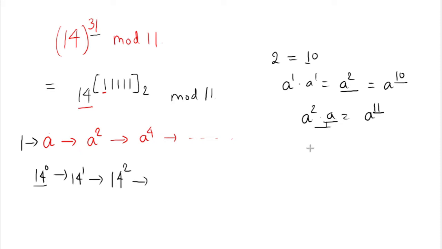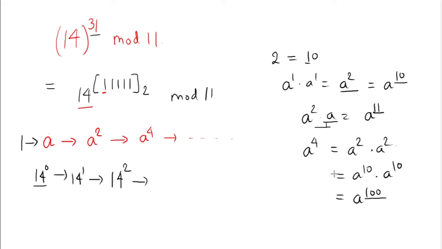But whenever an even number is encountered, let's say a power 4 has to be computed, which is nothing but a square times a square, and a square is written as 1, 0 in binary times 1, 0, which is nothing but 1, 0, 0.